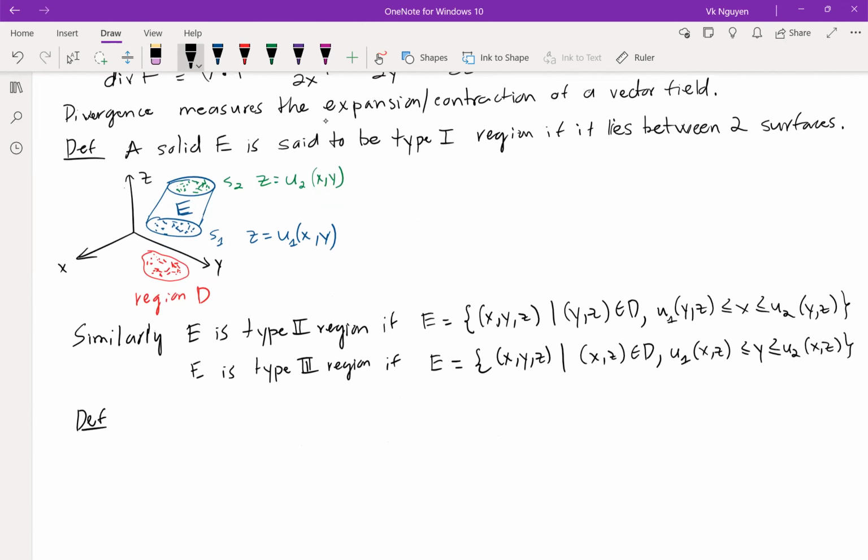Any region E of type 1, type 2, or type 3 is called a simple solid region.